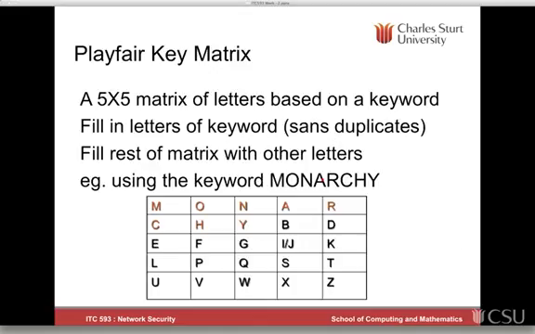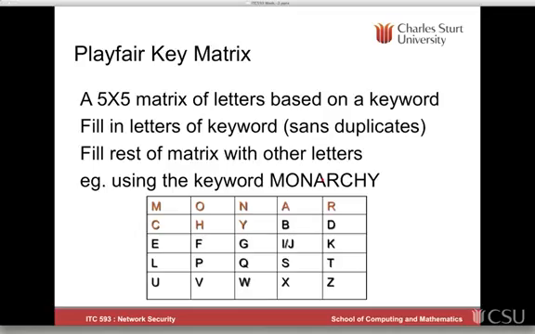The rules of filling in this 5 by 5 matrix are left to right, top to bottom. First with the keyword after duplicate letters have been removed, and then with the remaining letters, with I/J used as a single letter.